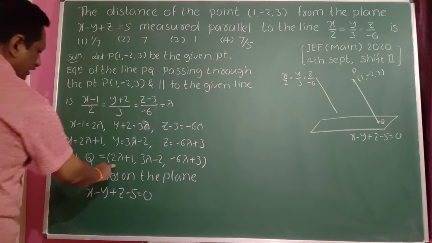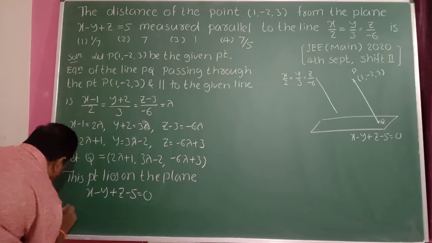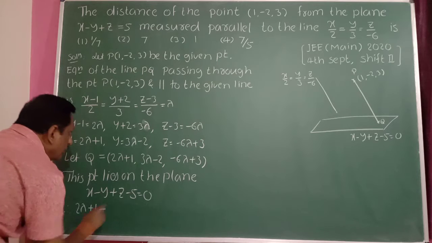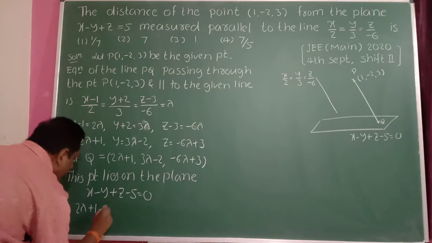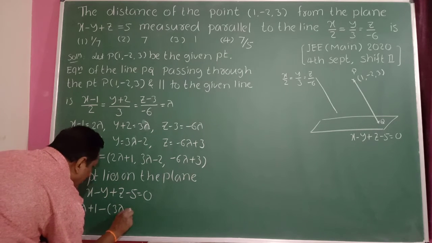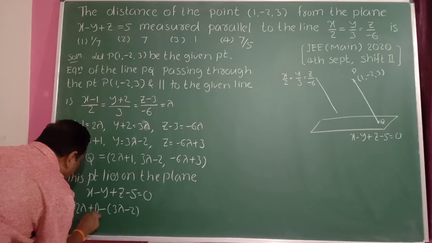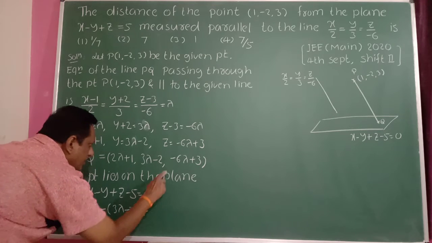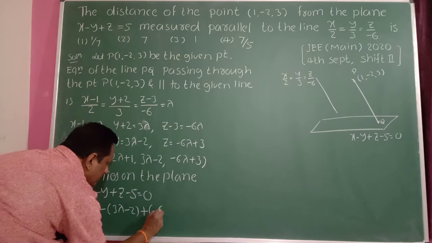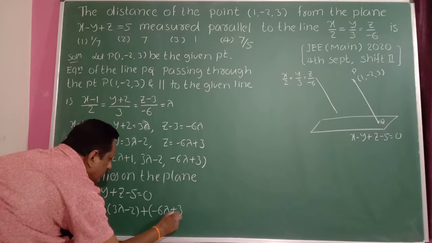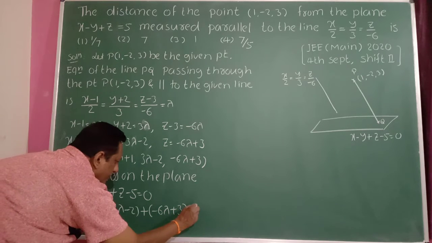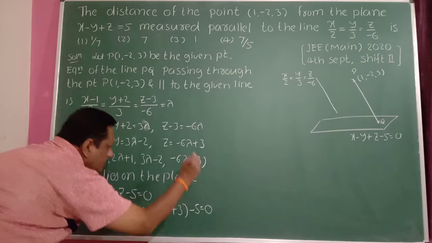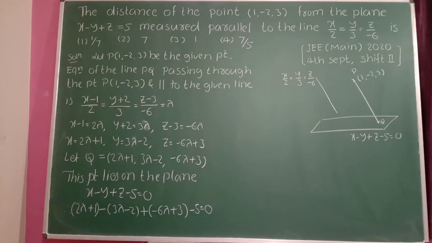Therefore, replace x by 2 lambda + 1, y by 3 lambda - 2, and z by -6 lambda + 3.